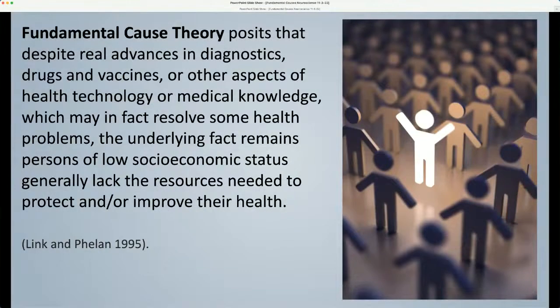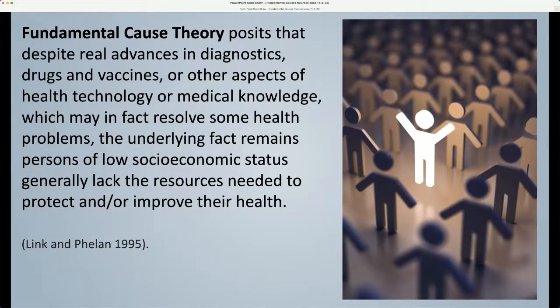Fundamental cause theory posits that despite real advances in diagnostics, drugs and vaccines or other aspects of health technology or medical knowledge, which may in fact resolve some health problems, the underlying fact remains: persons of low socioeconomic status generally lack the resources needed to protect and/or improve their health.